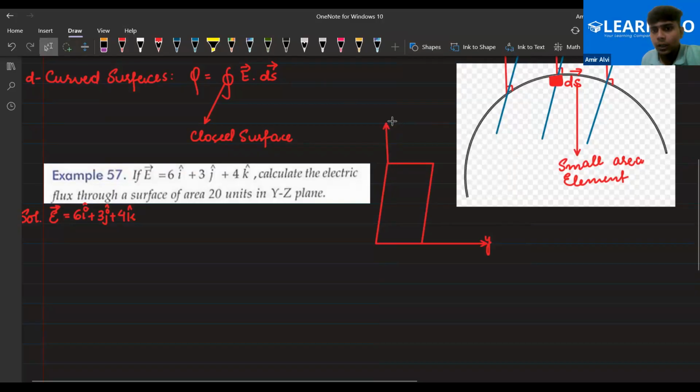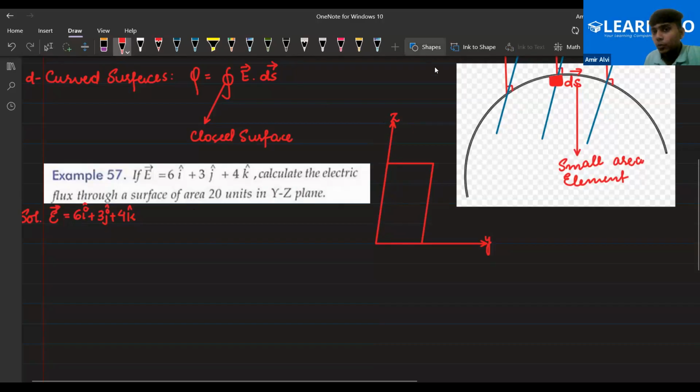Could you please tell me, Abyaz, where will the third axis be? The third axis will be X. Which unit vector will be perpendicular to this surface?